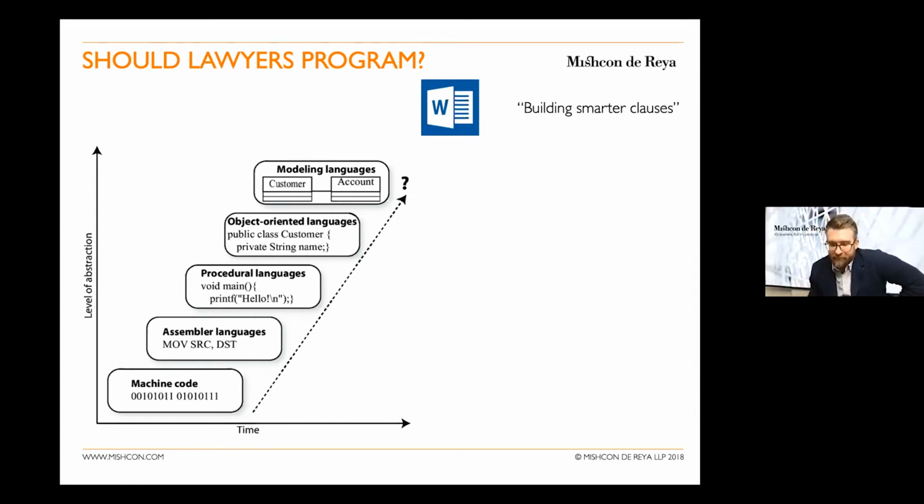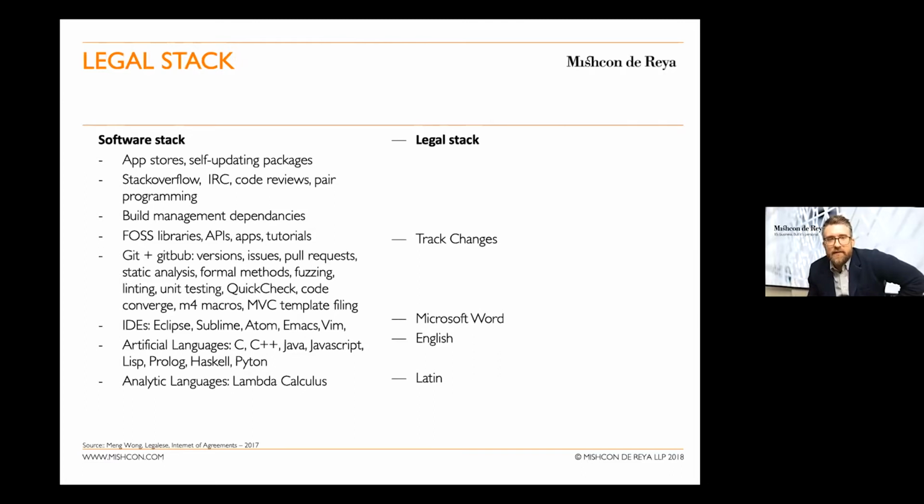To kick that off, I like this slide by Meng Wong, slightly facetiously: over the last 50, 60 years, we've created an awful lot of technology to help write certain types of documents that we call computer programs. And on the right-hand side, the late 20th century contributions to legal technologies largely amount to a word processor.